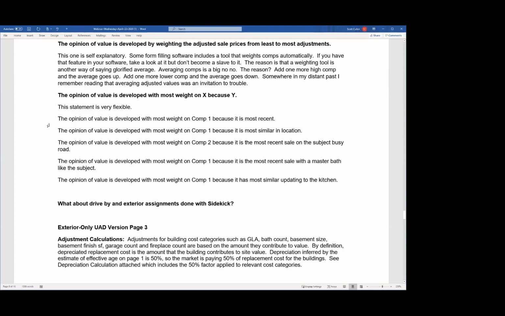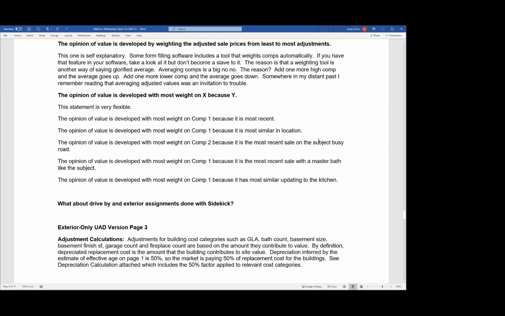The opinion of value is developed with most weight on comp 1 because it is most recent. Now, if there's other reasons, you know, I certainly wouldn't. If I've got 3 comps that are adjusting to a very tight range and one of them is most recent, that makes a lot of sense. The opinion of value is developed with most weight on comp 1 because it is most similar in location.